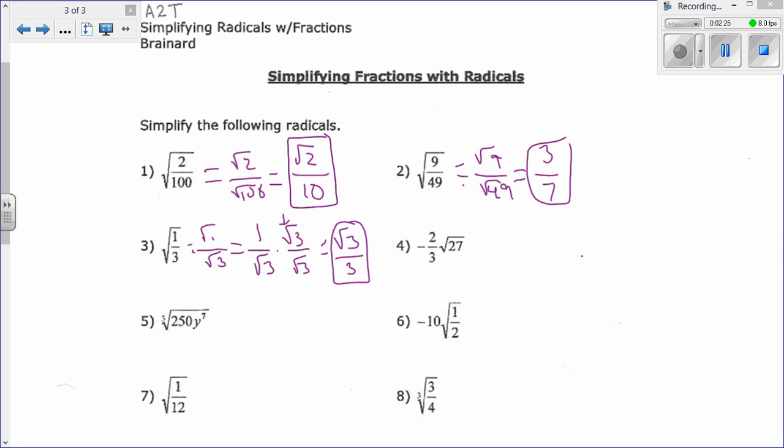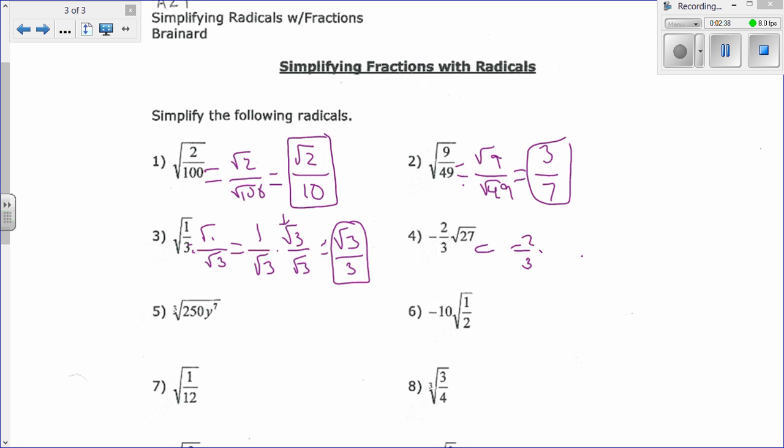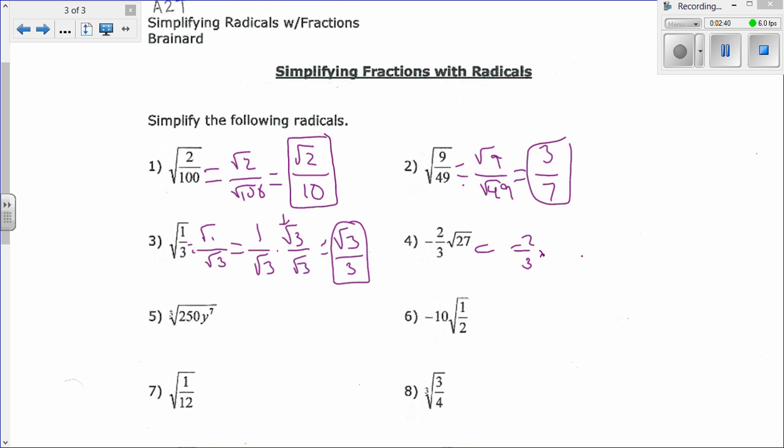For number 4, the fraction is out in front of the radical, so it doesn't affect the problem at all. It's just negative 2/3. And I'm going to multiply it by the square root of 27, which is 9 times 3.